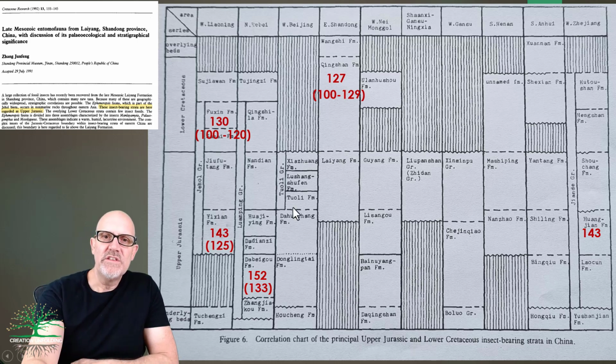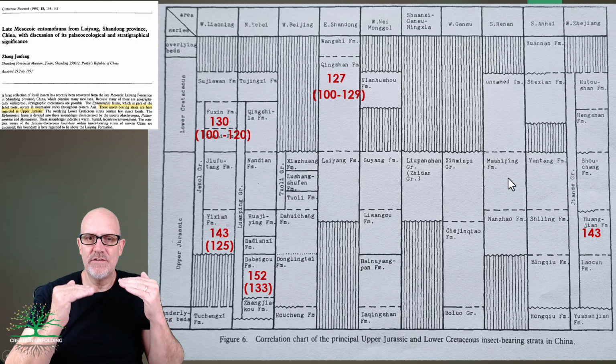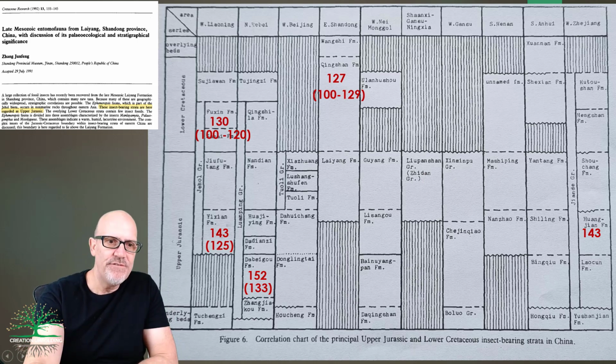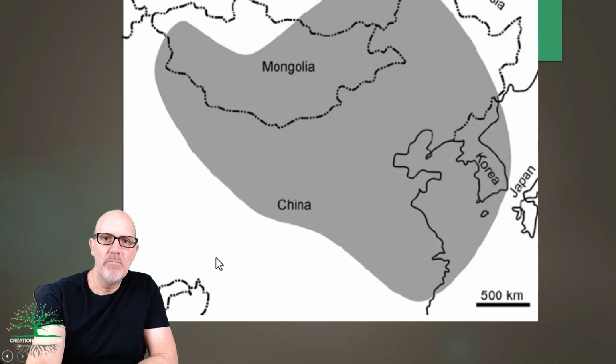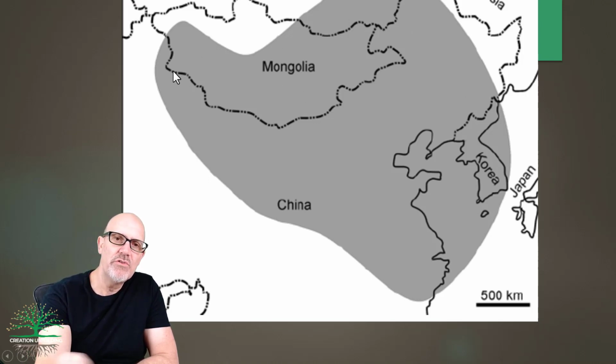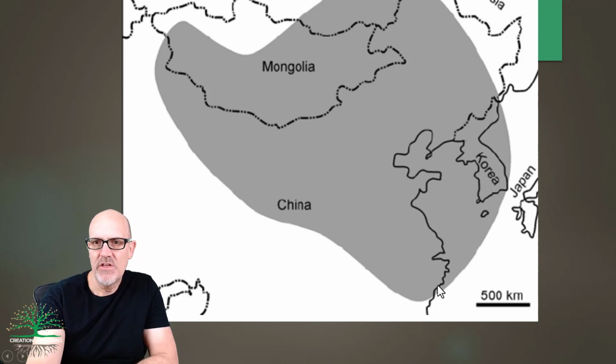Now, all of these other formations that you see to the right are actually correlated formations that follow the Jehol biota, or follow the Jehol sedimentary deposits across China, both to the west and to the south. So although you have a formation, let's say called the Yixian Formation here, they don't call it the Yixian Formation all the way across or all the way down.